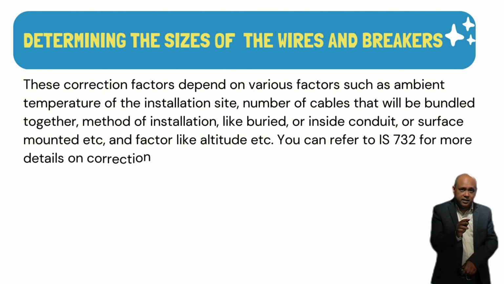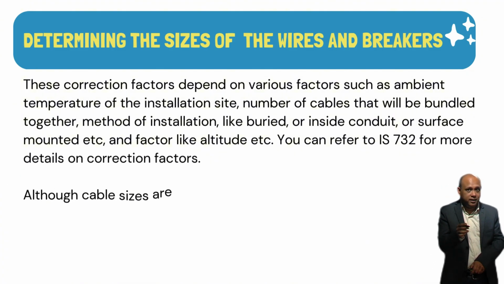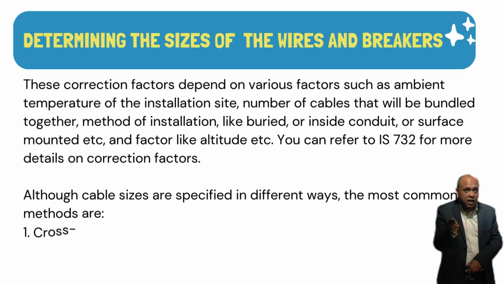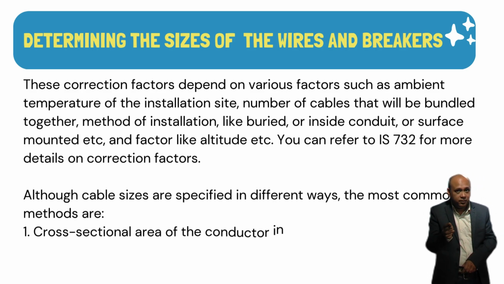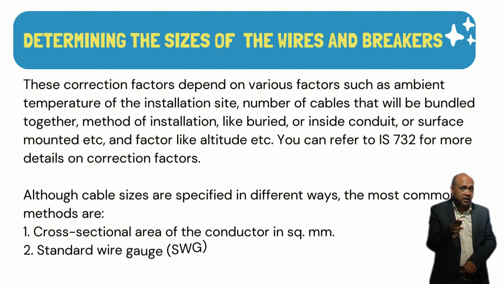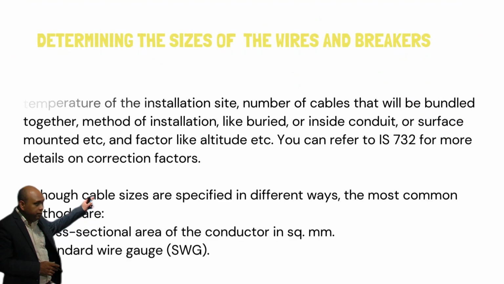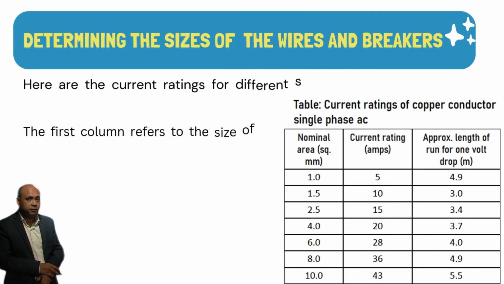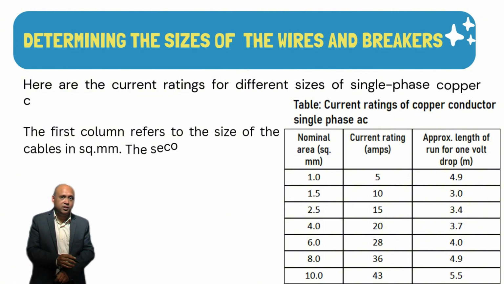Although cable sizes are specified in different ways, the most common methods are the cross-sectional area of the conductor in square mm, and the second one is standard wire gauge, that is SWG. In the table you can see the current ratings of different sizes of single phase copper cables in square mm.